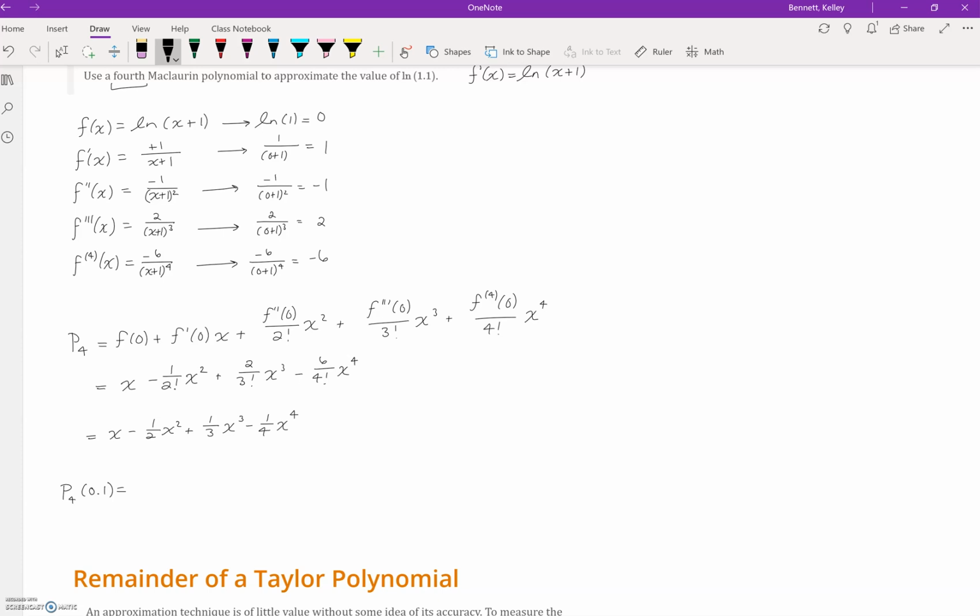So plugging in 0.1 will bring us to an approximation for the natural log of 1.1. And so if we do this, what we'll end up with is 0.095308. And if you compare that to the natural log of 1.1, you would see here that we get 0.09531018. So it's a very good approximation.